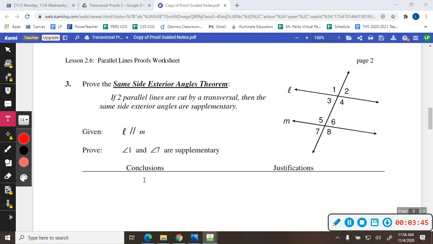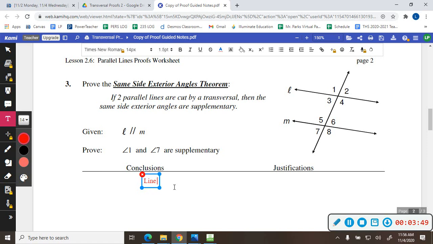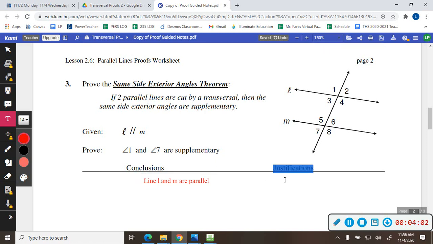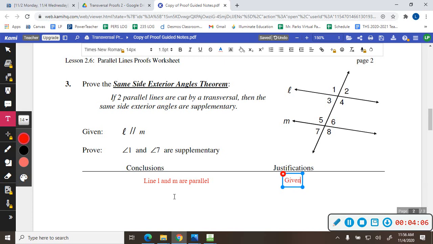So what I'm going to do is I'm going to start off with my given. I know that line L and M are parallel. You don't have to actually type out all the words. I'm just typing them out because I don't know how to type the symbol into this program. How do I know that? That's the given. That's what they tell me. They give me that information.